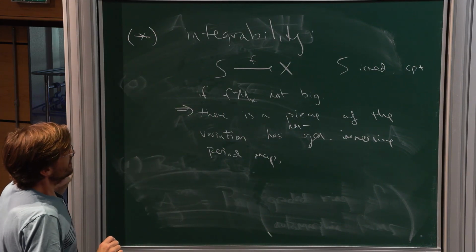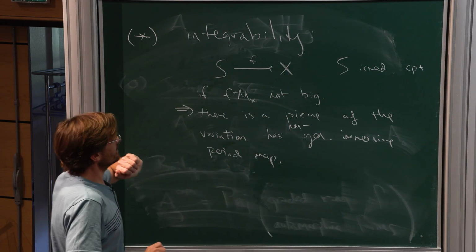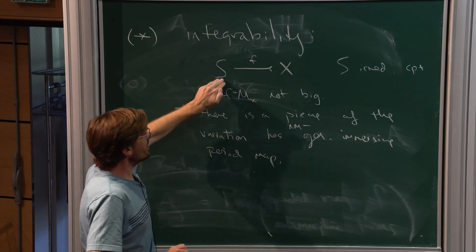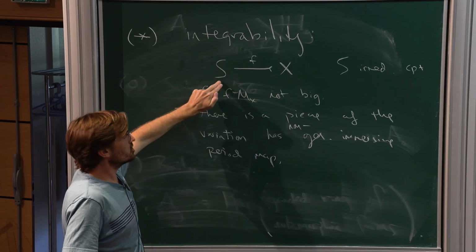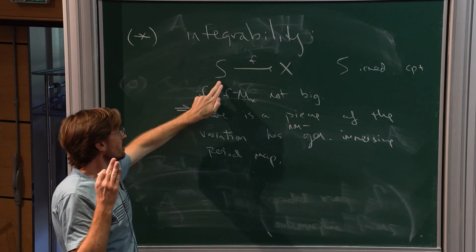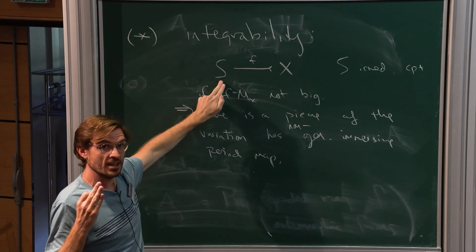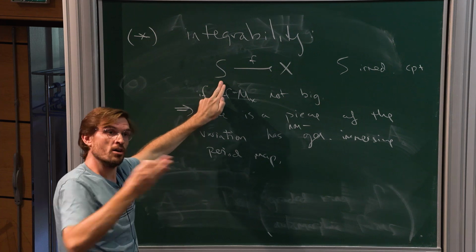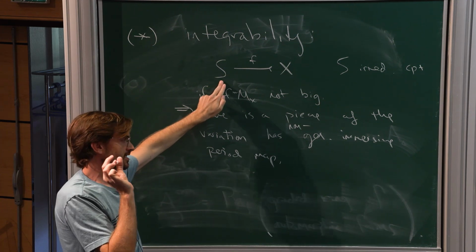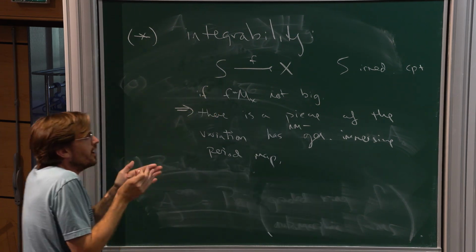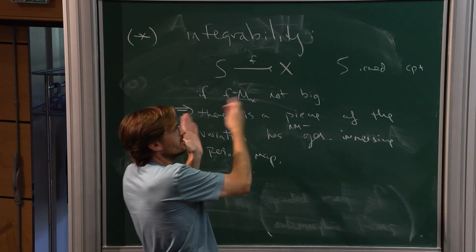But the idea is that if this thing is not big, then through a generic point there's an actual curve along which some part of the variation is trivial. So I can find some algebraic curve along which something is trivial.